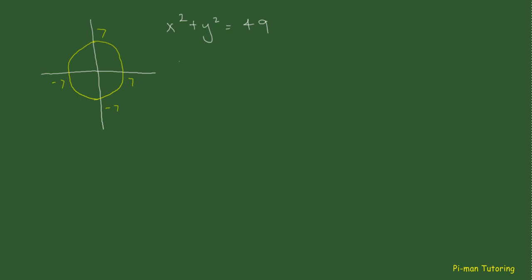So first of all, the domain, which means what values of x are we allowed to have? And so x belongs to the set of real numbers such that, now what's the restriction on x? Well, x has to be less than or equal to 7. It has to be greater than or equal to negative 7.